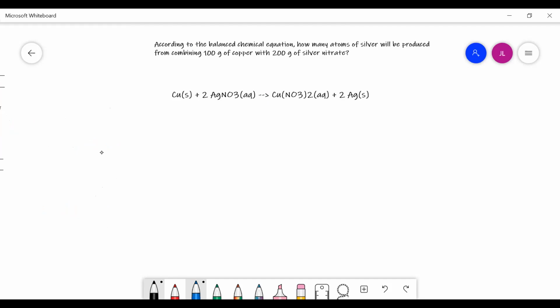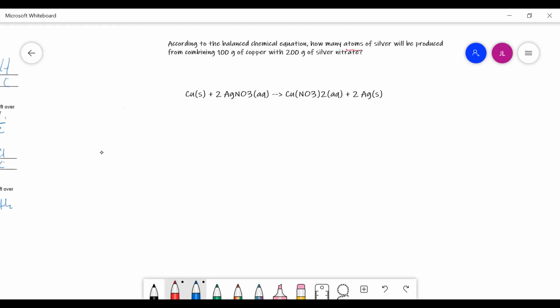So I want to be real specific here. How many atoms of silver do we produce from combining 100 grams of copper and 200 grams of silver nitrate? That's what we're looking for, just looking at their word problem.